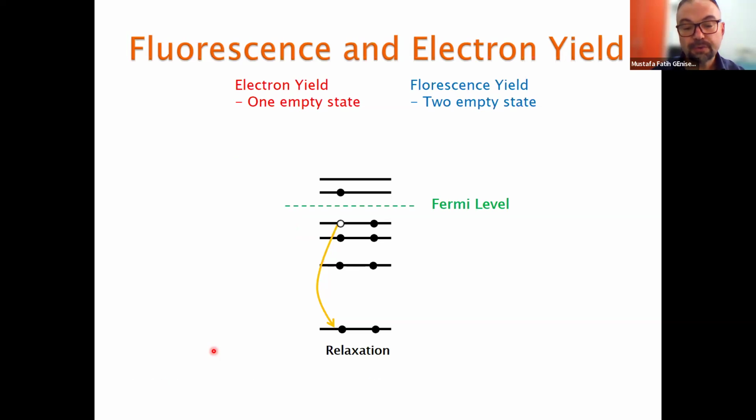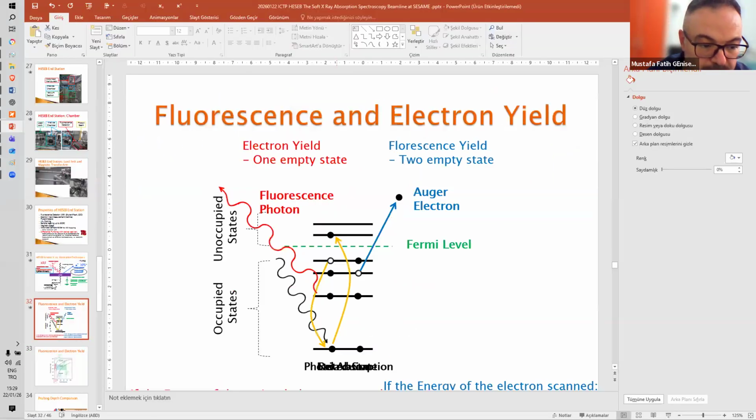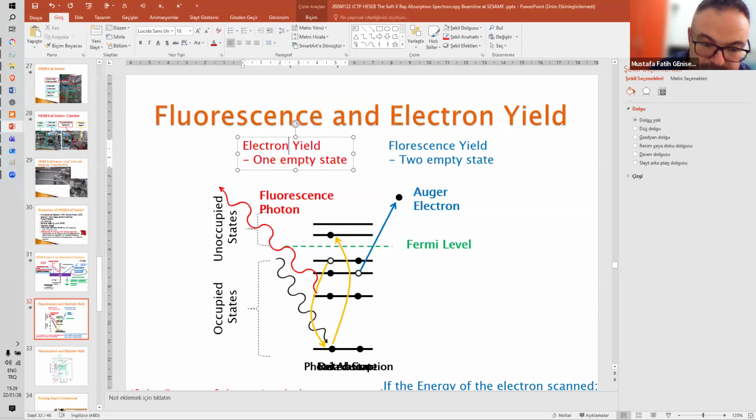And during relaxation, not only fluorescence can occur, maybe our material will emit an Auger electron instead of photons, and an energetic electron will be emitted from our surface. Sorry, these are wrong. Why is it wrong? This is fluorescence yield.